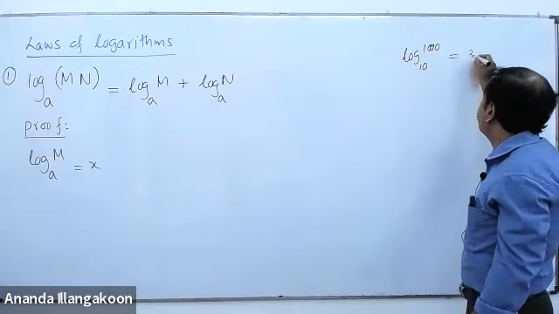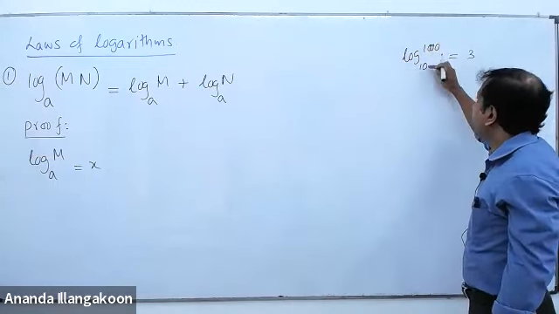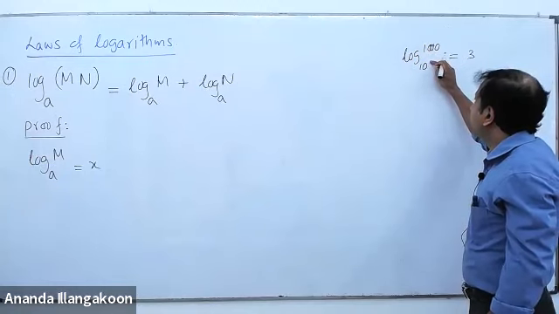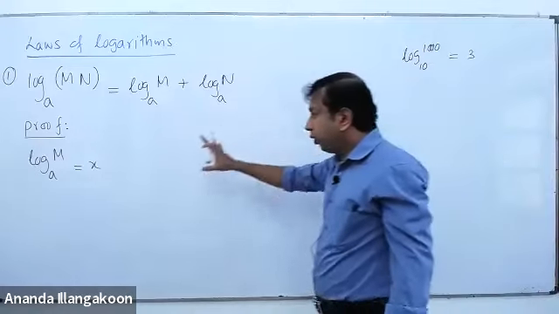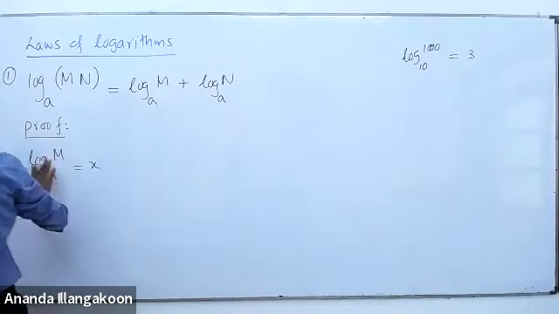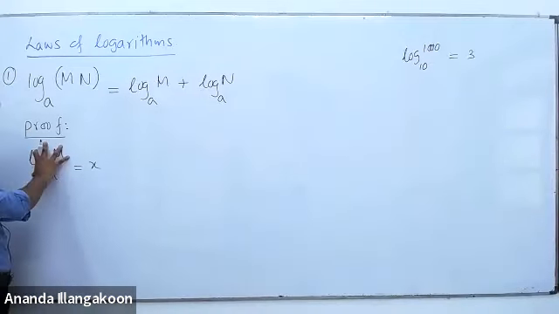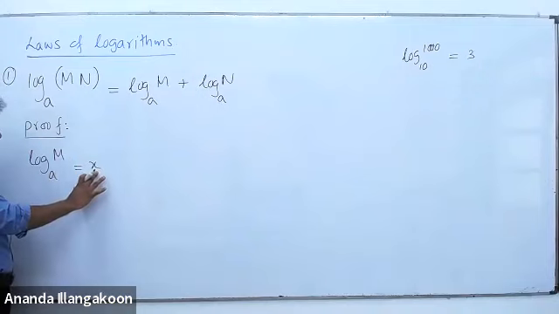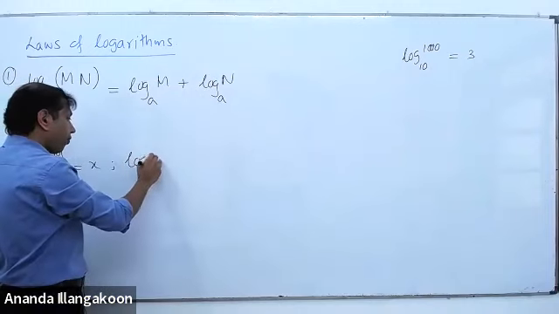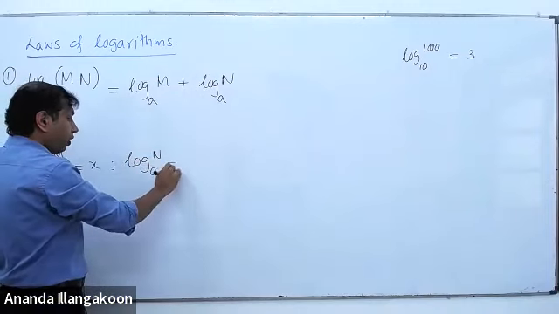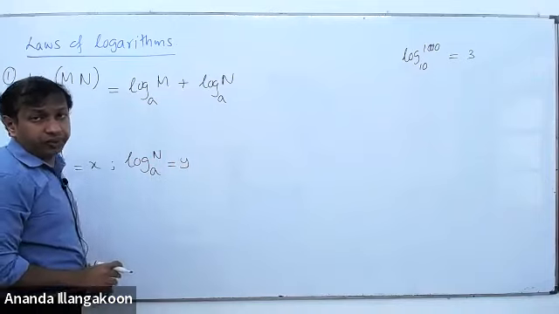How do you think here? When we write 1000 as a power of 10, the required power of 10 is 3. Therefore, the answer of this is 3. Likewise, for this log of m to the base a, this should have a certain answer. I am going to assume it as x. Also, this one, log of n to the base a, I am going to assume as y. This way we take them.